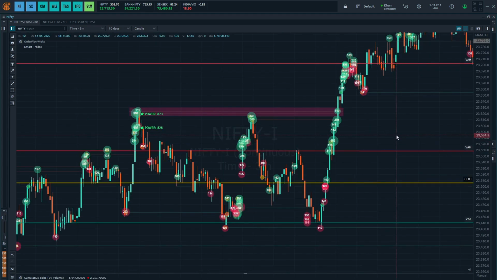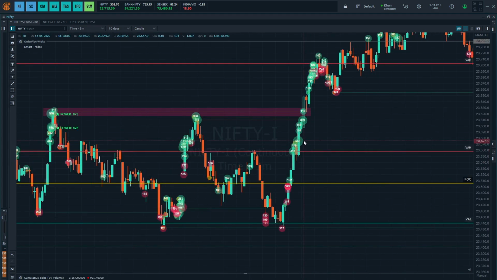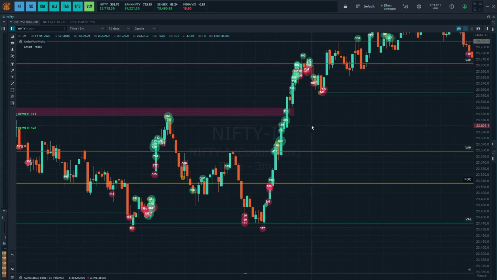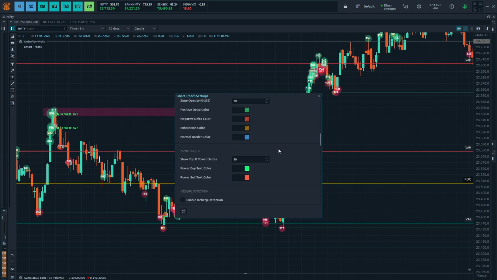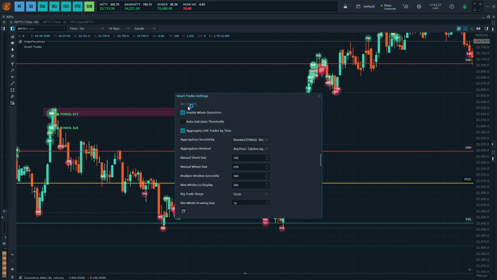So in the smart trade indicator, what you can see here in green and red and in different sizes is the number of contracts that have been bought in a very short time frame. So if I open the indicator settings, we call it big trades. How has the big trade been found?